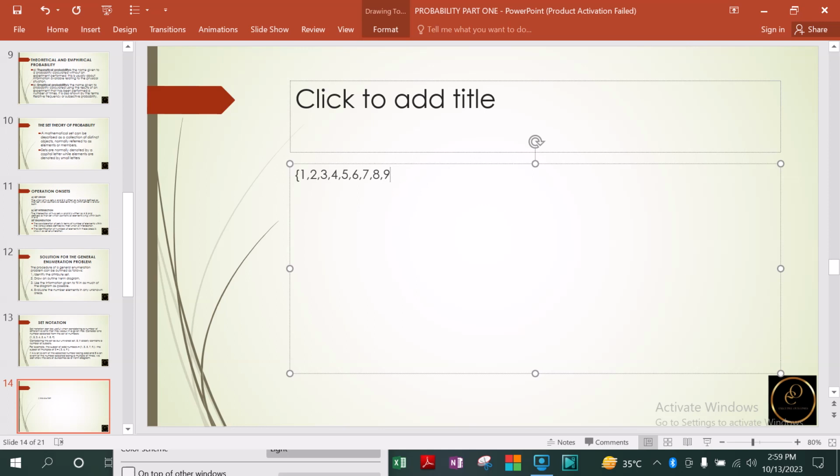That is the universal set. Then the set of odd numbers.